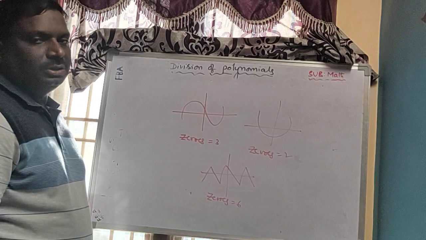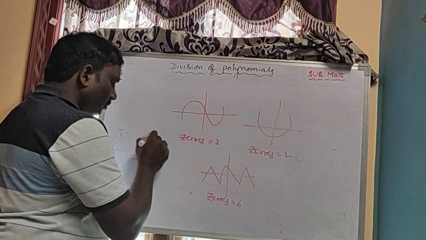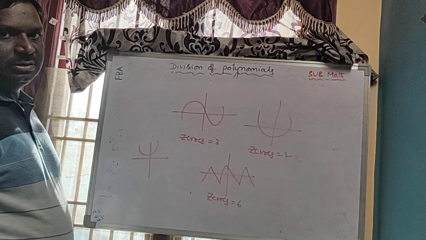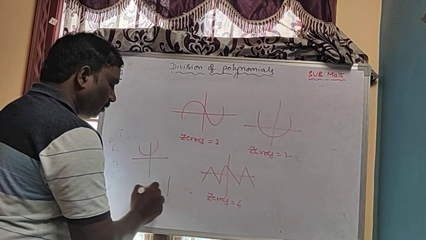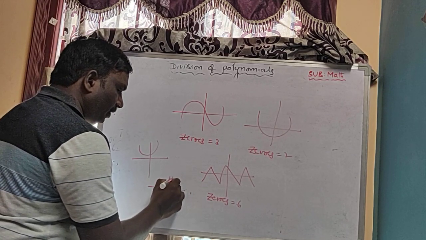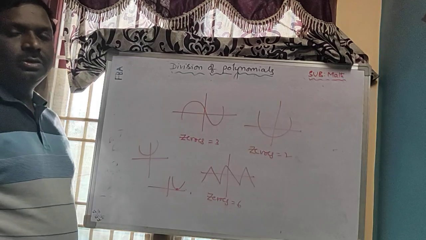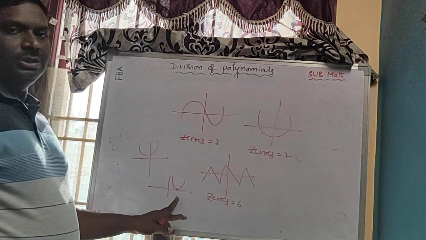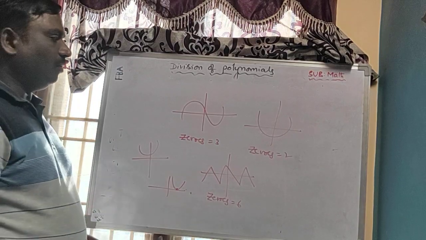If it never touches the x-axis, so no zeros. If it touches the x-axis at one point only, there is only 1 zero.